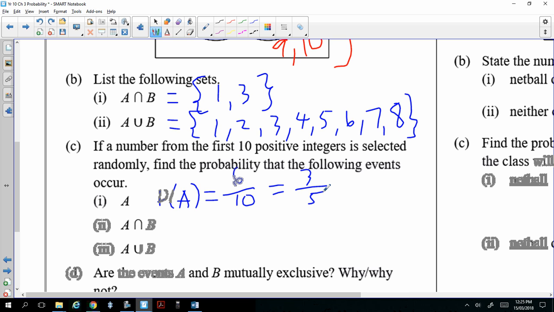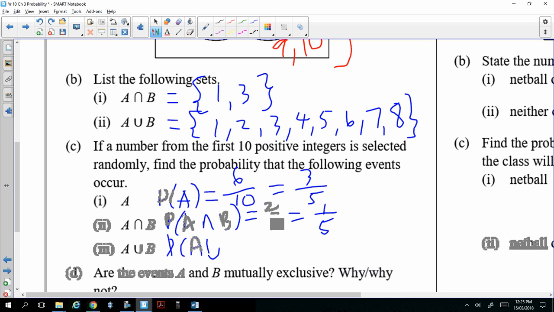How many numbers are in both A and B? 2, so it'll be 2 out of 10, which is 1/5. And A or B means everything in A or B. How many elements would that be? It will be 8 out of 10, which is 4/5. Right, so as you can see, once you set up, it's very, very easy.